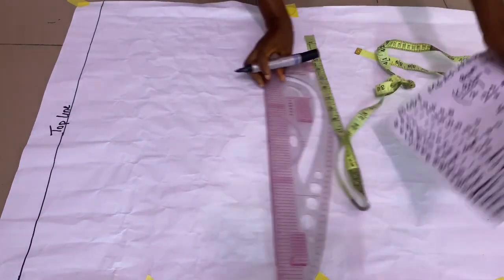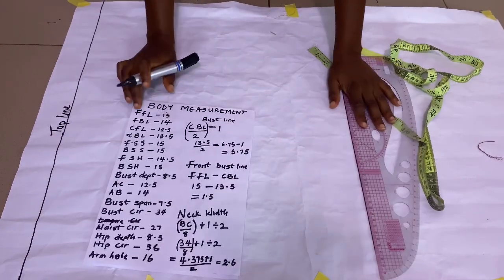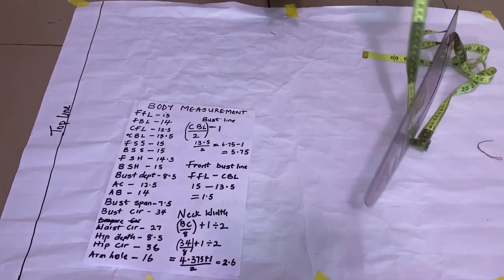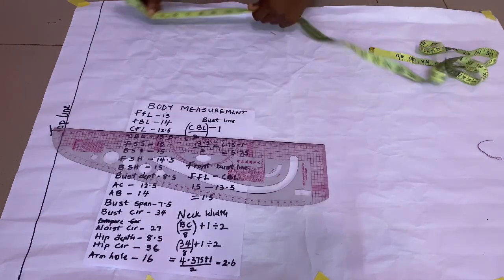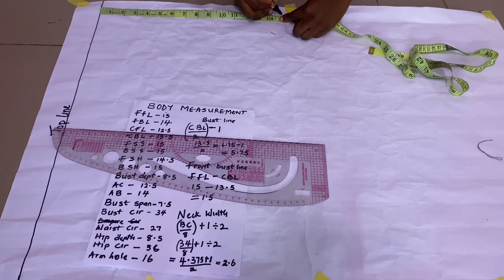So the next thing is to put the full front length, which is 15. Now mark it across the paper.